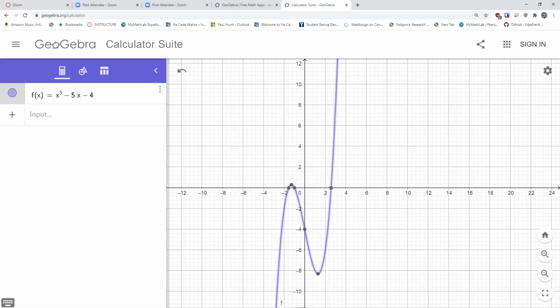I could probably do a snippet and just go from negative 3 to 3, and then from negative 10 to 10. And that would be what you would see. So on the homework, it would look like the first graph. So part B, the first graph would be the answer on your homework.